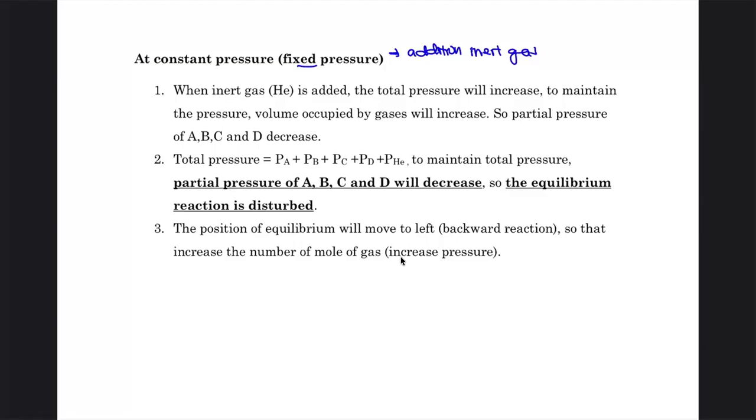Let me give you an example. When inert gas is added at constant pressure, if I use the same substance, N2O4, this equilibrium adds an inert gas.